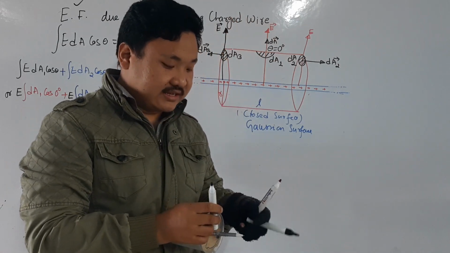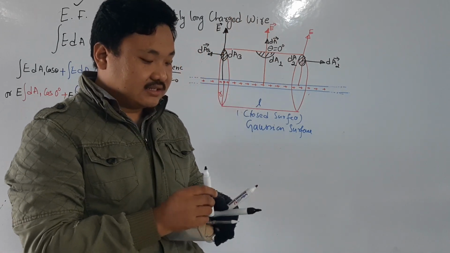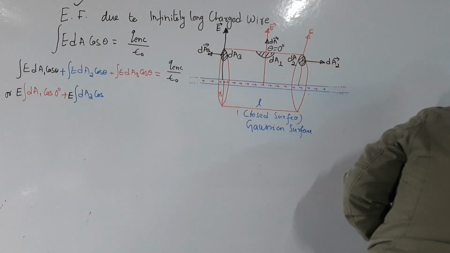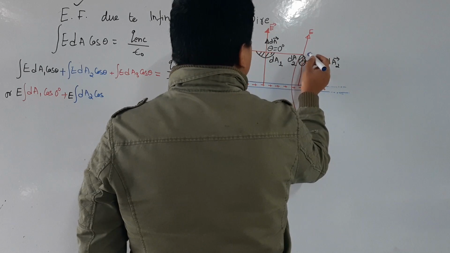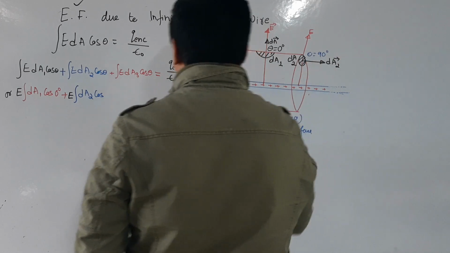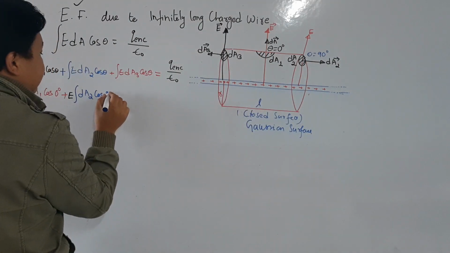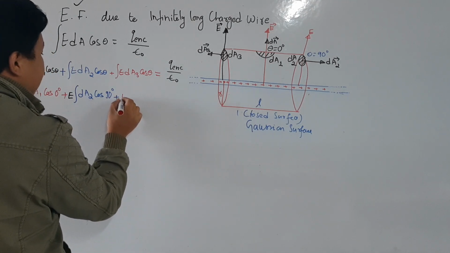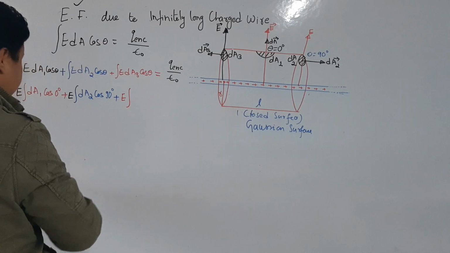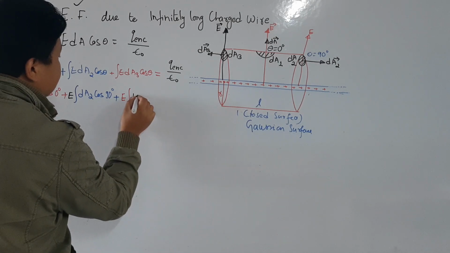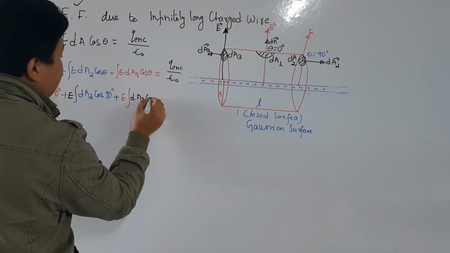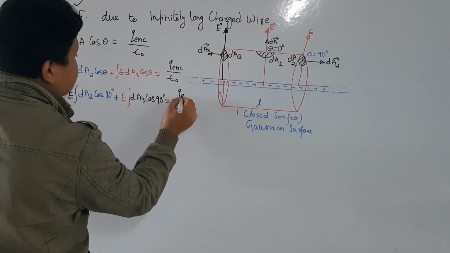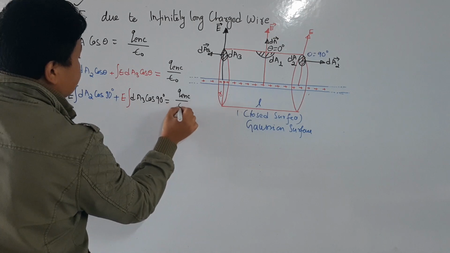The electric field is in this direction, dA is in this direction, and the angle here is 90 degree. So I will write this as cos 90 degree, plus E outside, because it is constant, integration of dA3 cos 90 degree, equal to charge enclosed by epsilon naught.